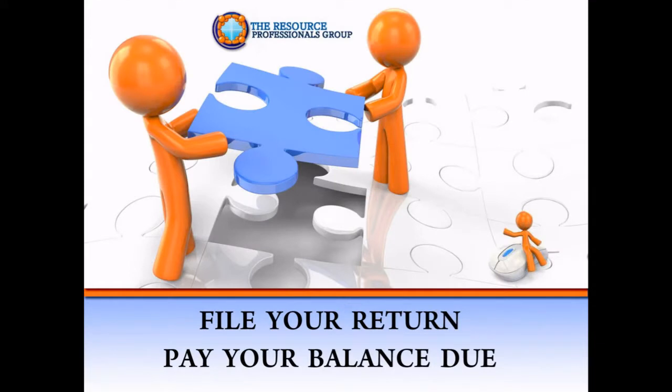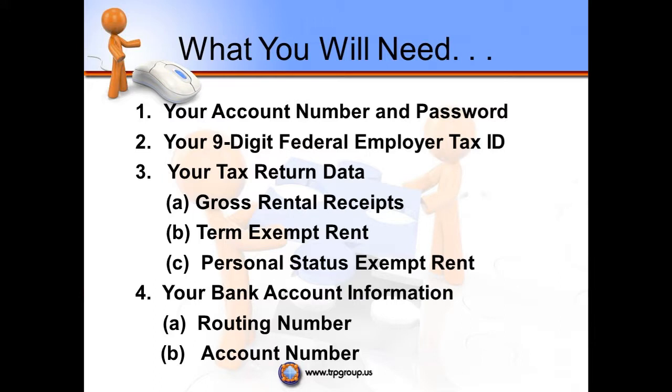Before you get started, you'll need to have the following available. You'll need your account number and password to log in. For more on this, please see the video entitled How to Log In, Change Your Password, and Get Help. Plus, you'll need the 9-digit federal employer tax ID belonging to the owner of your lodging establishment.